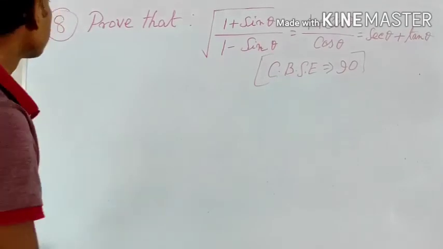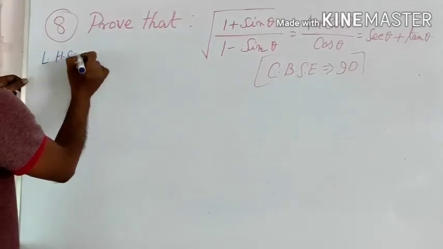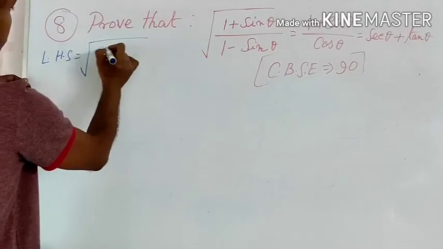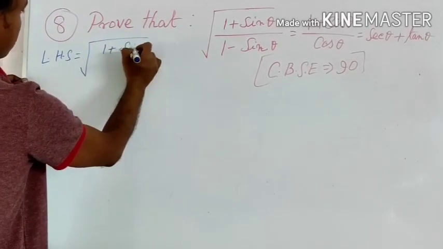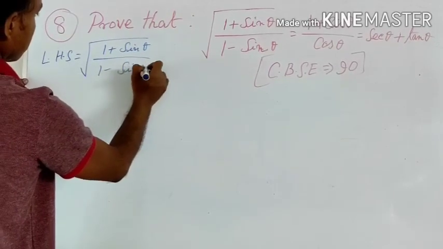Okay, so let left hand side is equal to root over (1 plus sin theta) by (1 minus sin theta).